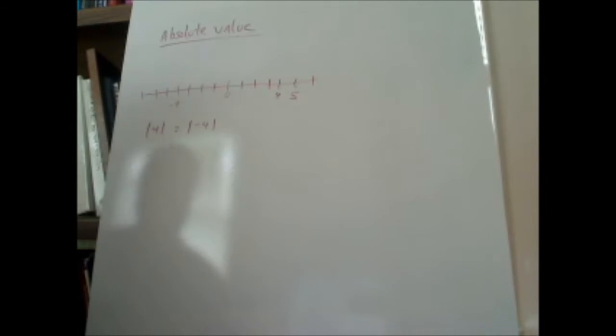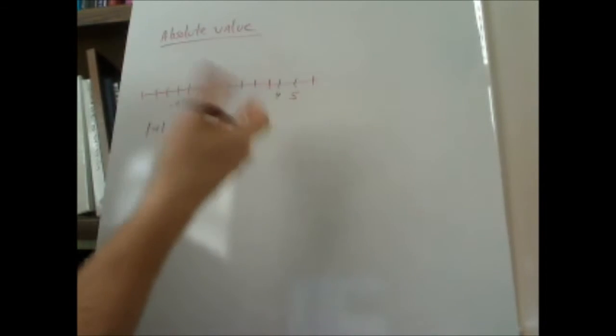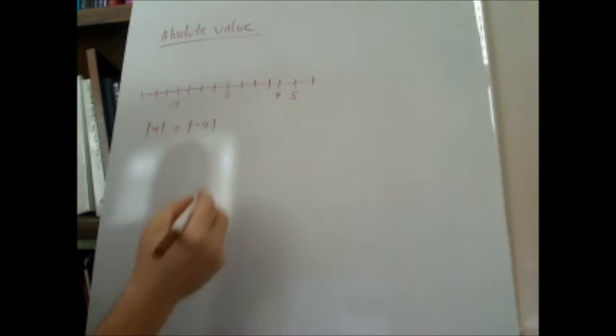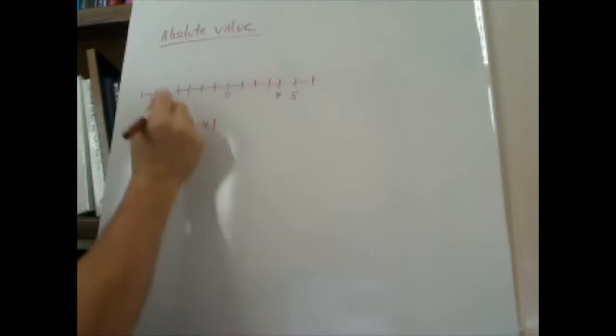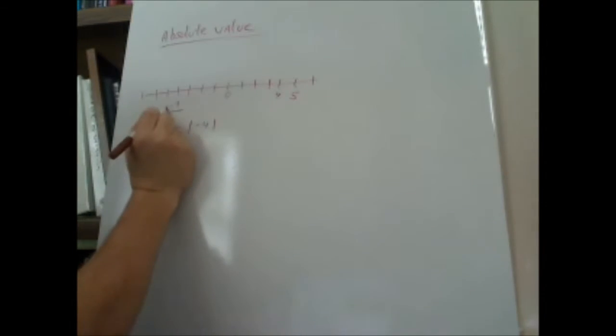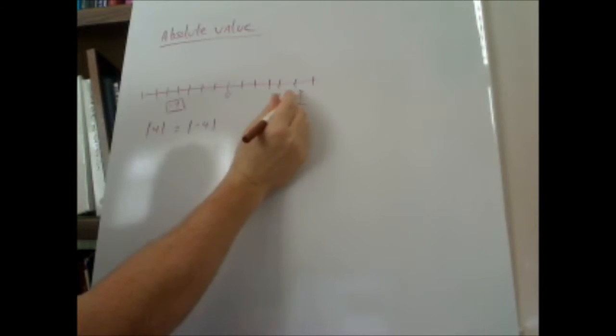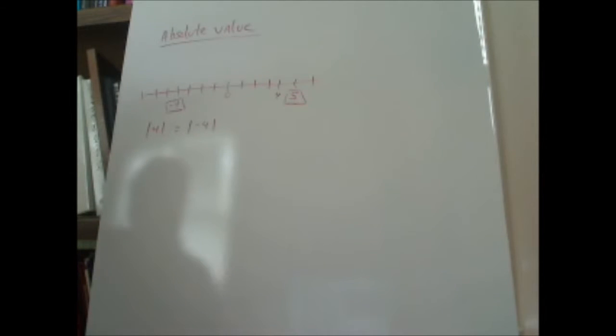Okay? The next thing, if we look at the absolute value, is how do you do addition of absolute value, or addition/subtraction here. Okay, for example, you look at this point here, -4, and a point 5. Now, if you want to know the distance between those two, it's going to be in absolute value terms.